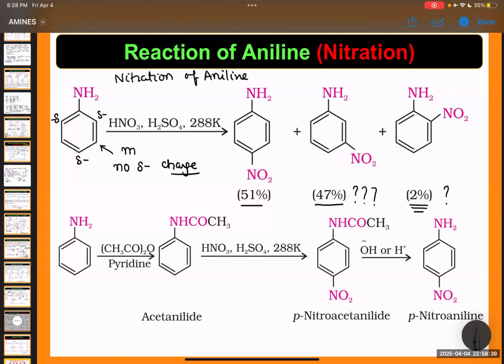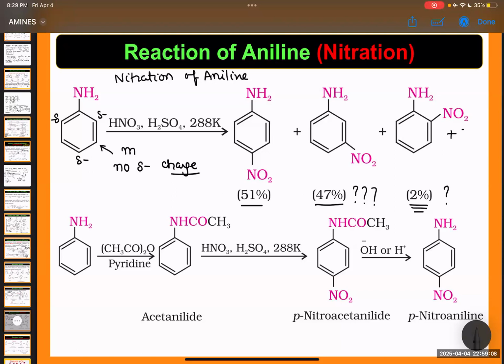Among whatever you get, first of all, whatever you get is going to be very less. And whatever you get out of that, 51% is para-nitroaniline, 47% is meta-nitroaniline, and 2% is ortho-nitroaniline, which is again surprising. And this is a very small part.